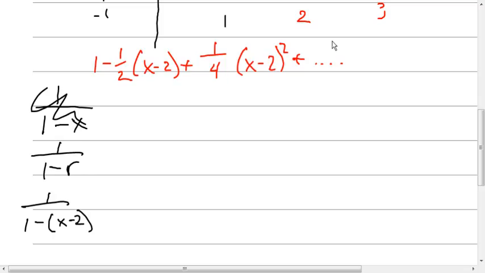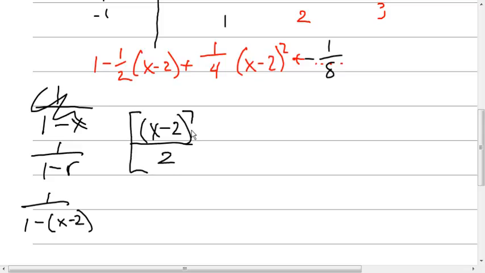This next one here would be 1 minus 1/8, like that, etc. And if we thought about this for a while, we could probably figure out that what this is really looking like is something on the order of, we've got x minus 2 divided by 2 to the nth power, and we need a minus sign in here. Now let's see if that will work for us.